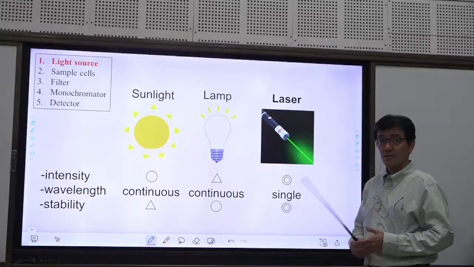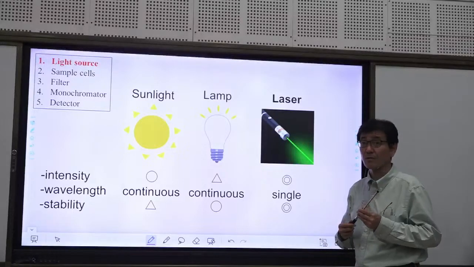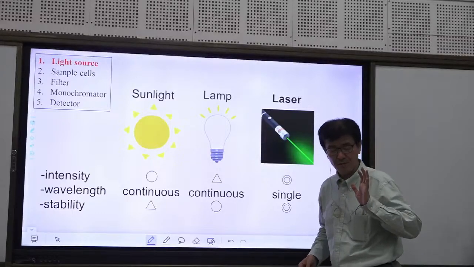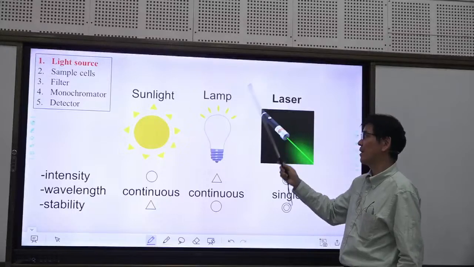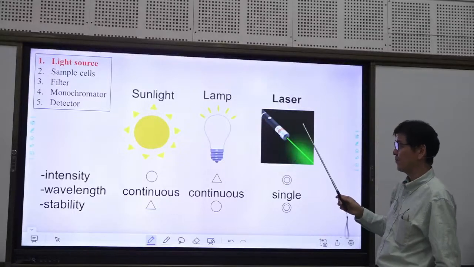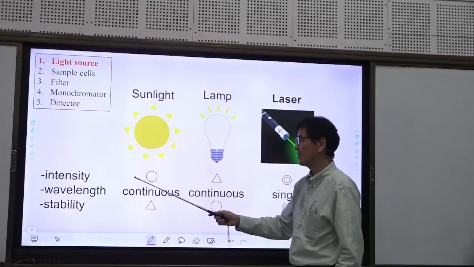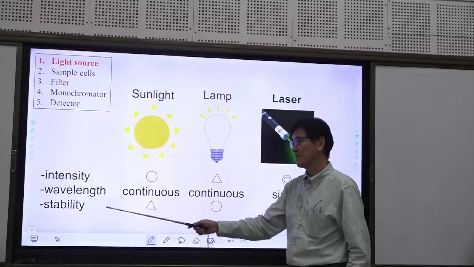Okay, in order to generate Raman signal, what kind of light source is suitable? What kind of light source can we use? Sunlight, or lamp, or laser? Okay, we know sunlight intensity is high enough, and wavelength is continuous, but stability is unknown.